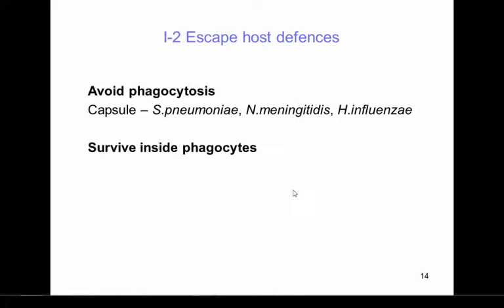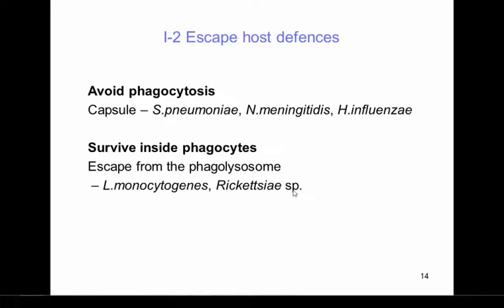Another strategy is to survive inside the phagocytes. So some bacteria do that. Listeria, Rickettsia, they live inside cells, intracellular pathogens. Okay, so during phagocytosis, you've got the host cell here. There's a nucleus, phagolysosome.